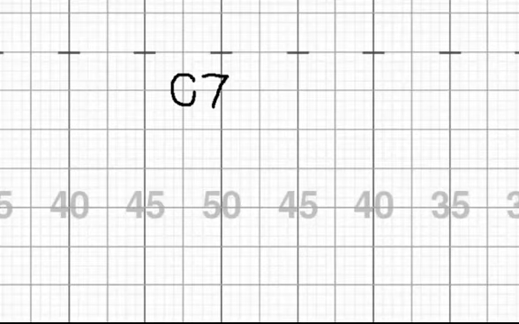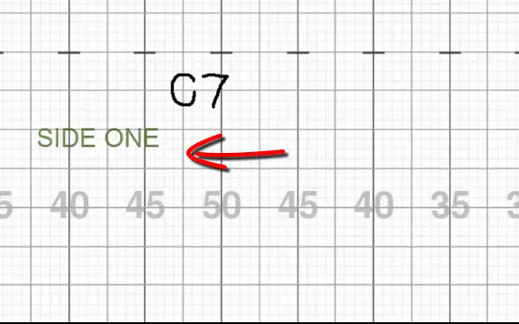Let's take a step back and count through this so we know how I came to that description. The C is located in front of the front hash because to get there, we'd have to move toward the director's viewpoint or the front sideline. The C is also to the left of the 50-yard line, so it would be on side 1.